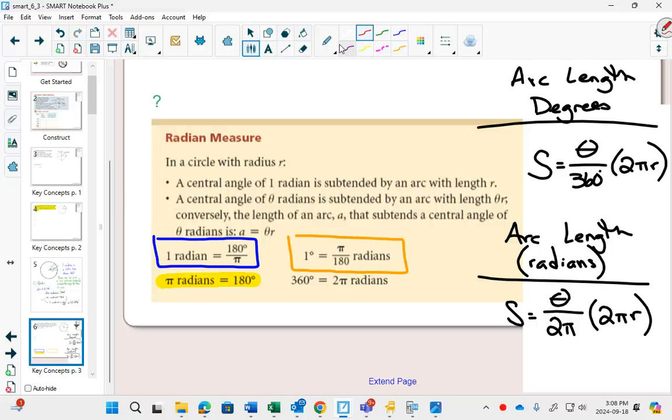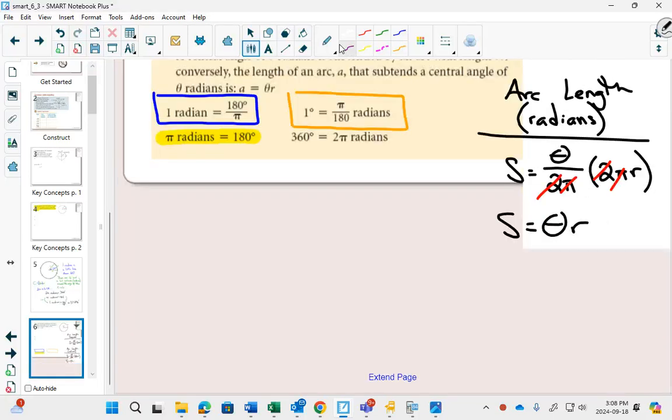And the pi, I can't help myself, I have to cancel that out because it's so easy to cancel out. And the formula, which is on your formula sheet, is so simple. The arc length is just theta, the angle, times the radius, but this works in radians only.